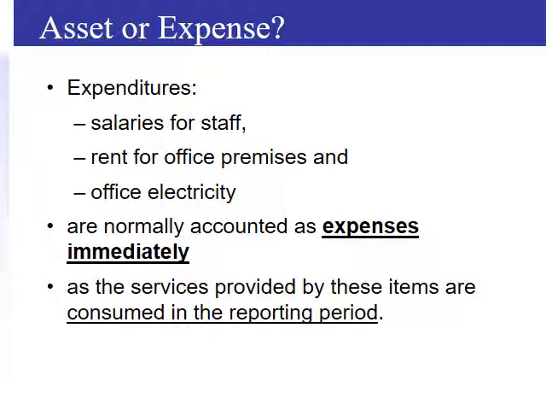Basically, for the rental used this month, you consume the rental service. You use the premises, so you consume the service, and as a result you have to pay for it. The same for the service provided by the staff to the business: you pay them this month's salary. You consume the service, you have to pay for it. This will be expenses.